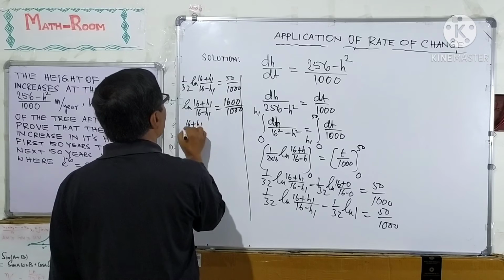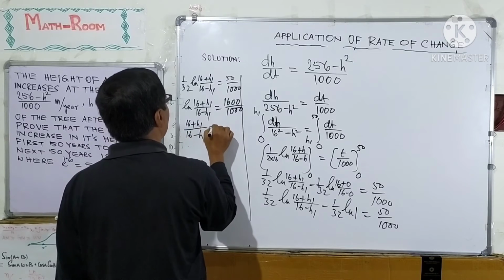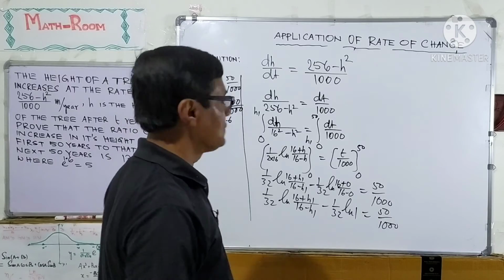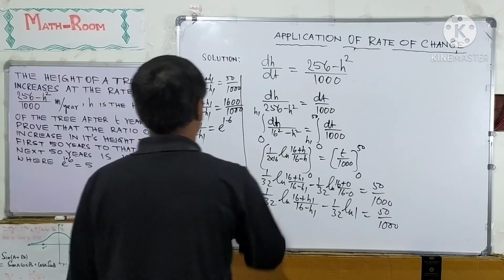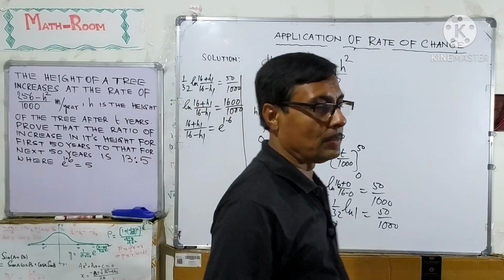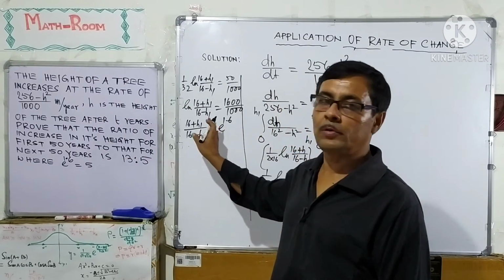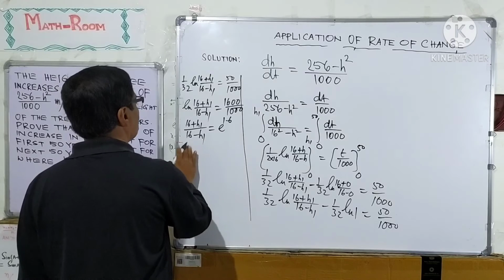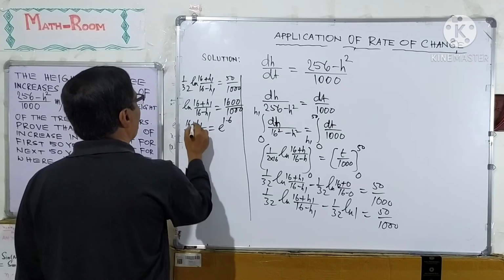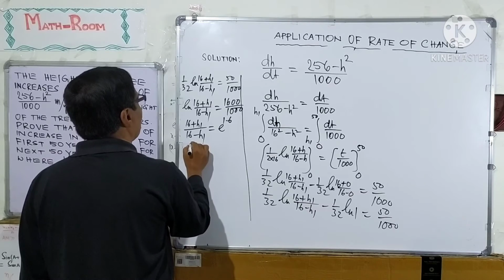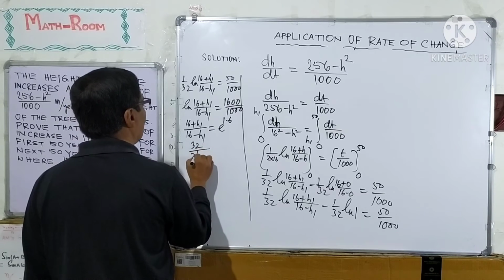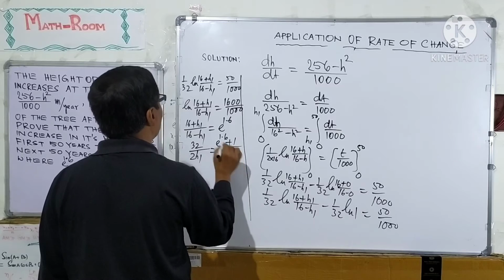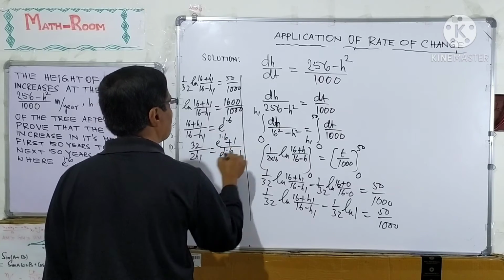So (16 plus h1) over (16 minus h1) equals e to the power 1.6. To calculate the value of h1, we can use the componendo and dividendo rule. Using componendo dividendo, we get 32 over 2h1 equal to (e to the power 1.6 plus 1) over (e to the power 1.6 minus 1).